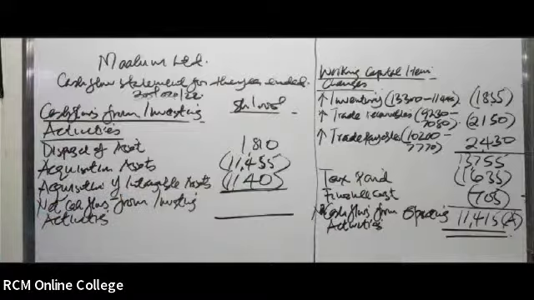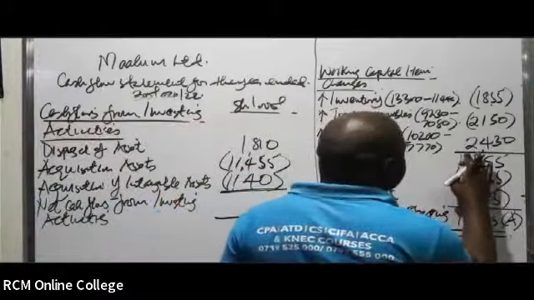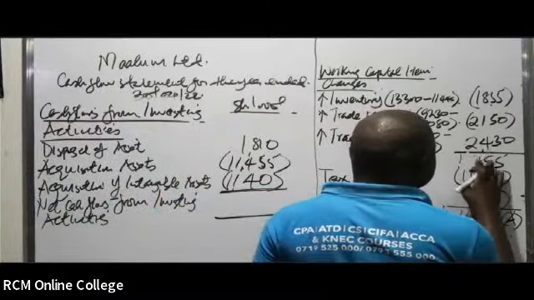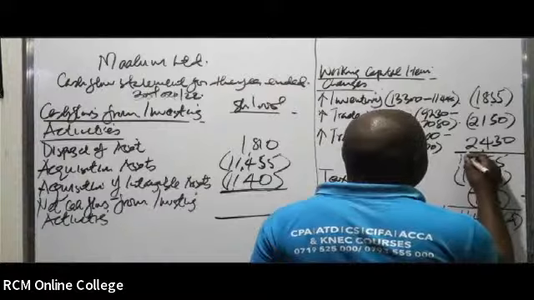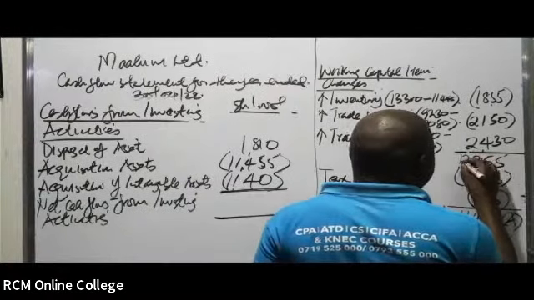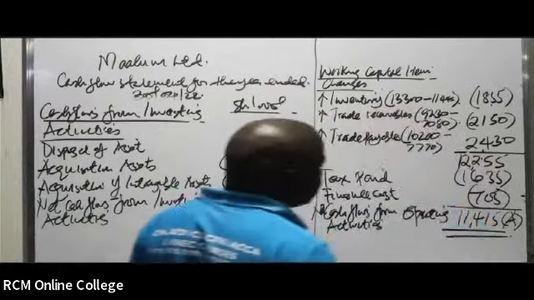For this one, you are getting 1810 plus 1990 plus 9915, so it is 12,255.